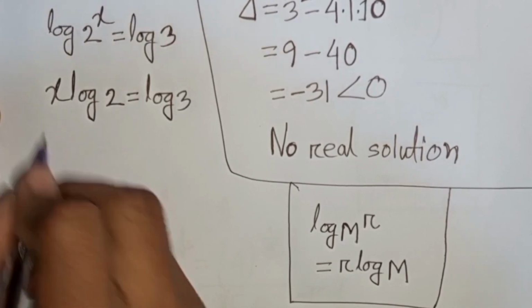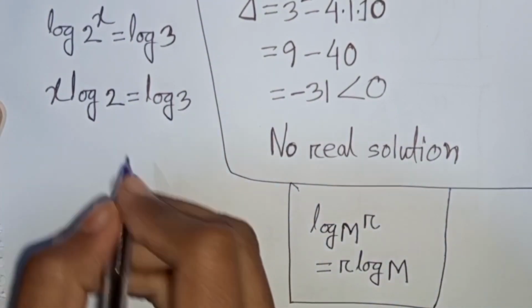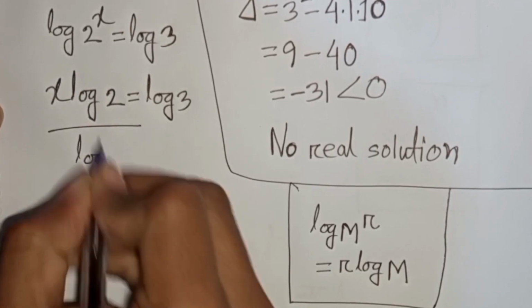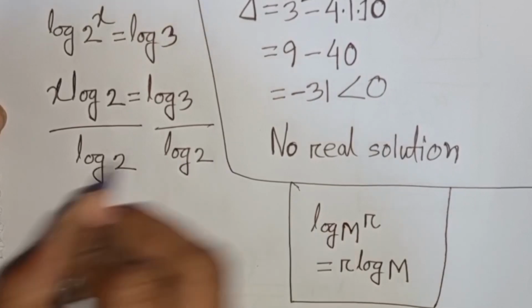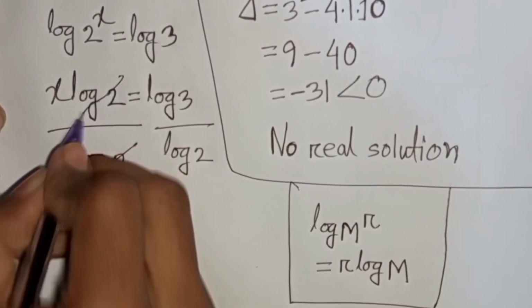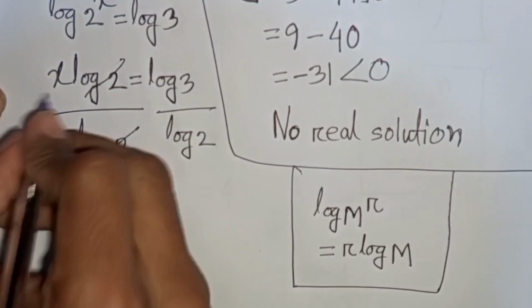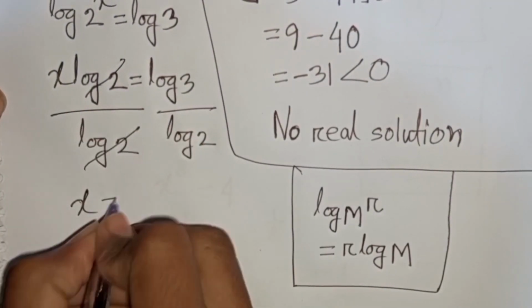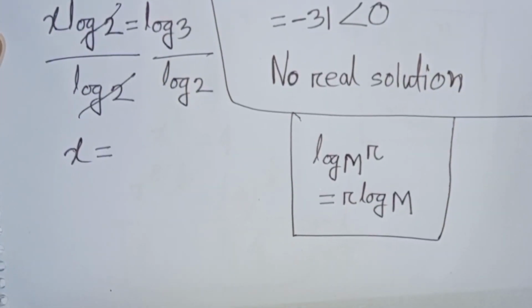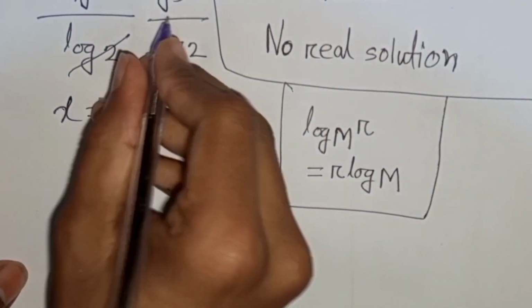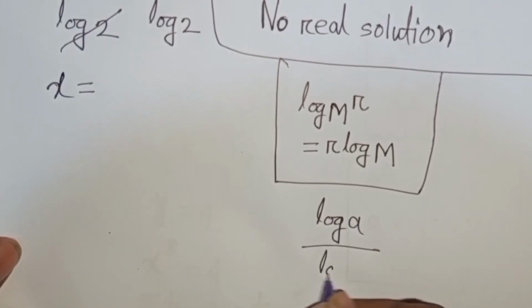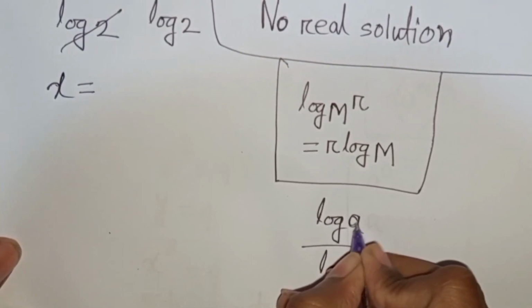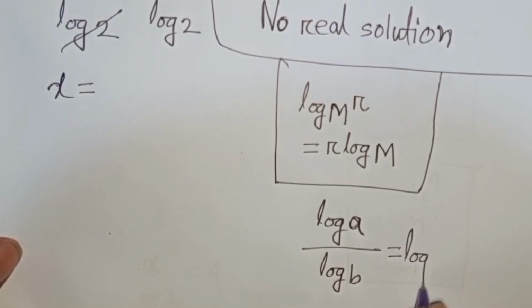Now we need the value of x, so divide by log 2 on both sides. Now we see this log 2 will be cancelled. So here x will be equal to, here we can apply this formula log a divided by log b is equal to log a base b.